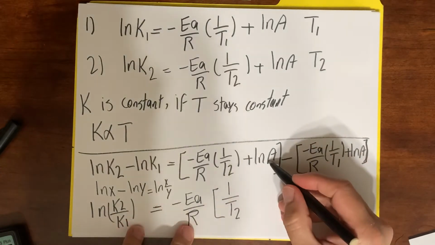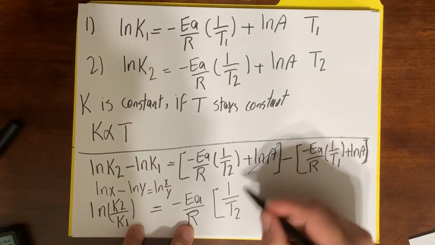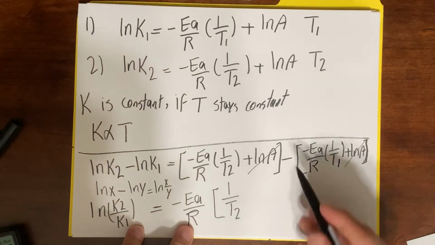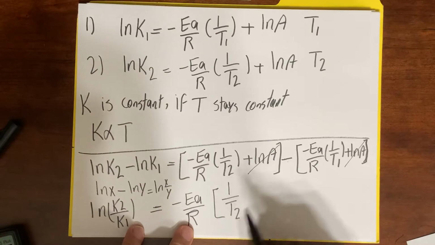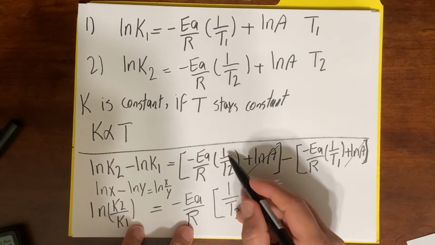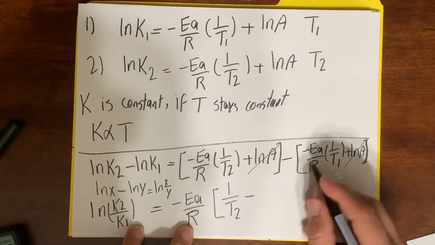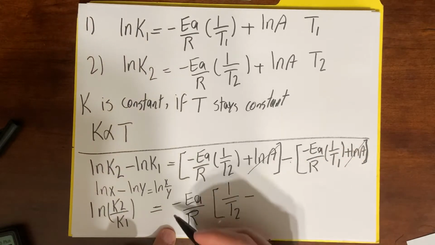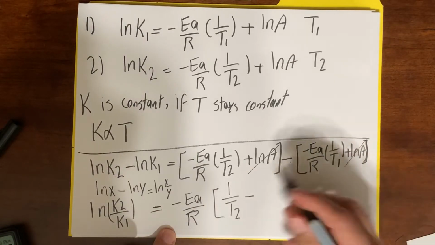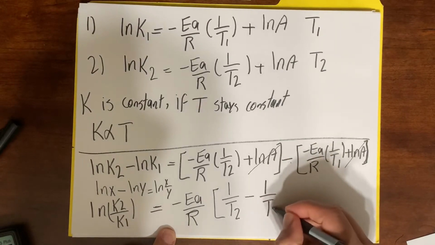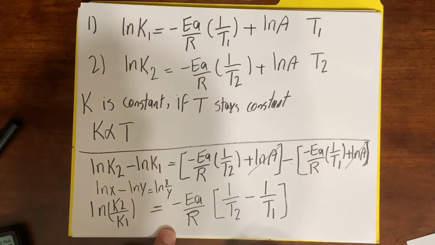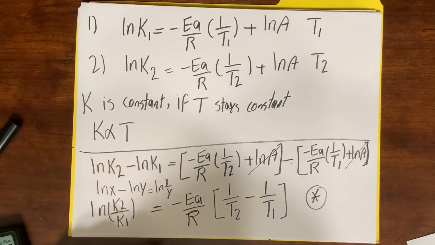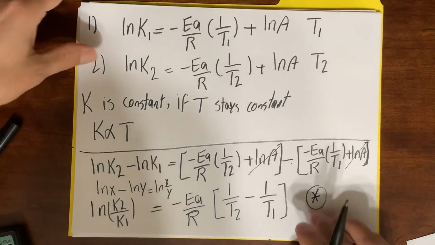What happens with the ln of A? This ln of A will be cancelled by that ln of A because it says minus ln of A. So from the first one I will have only 1 over T2, and then minus, we factor out minus EA over R, and then we will have 1 over T1. Okay, and this is the second formula that you will use.